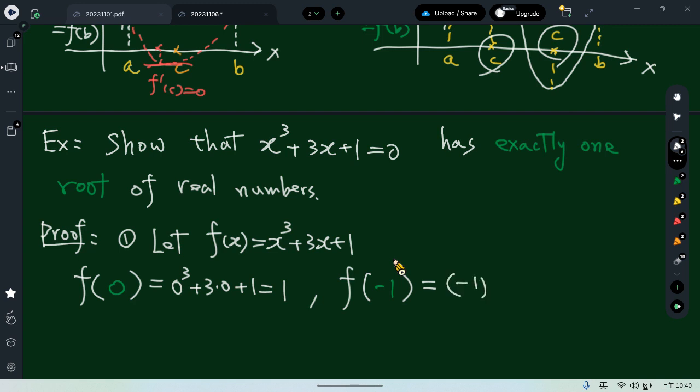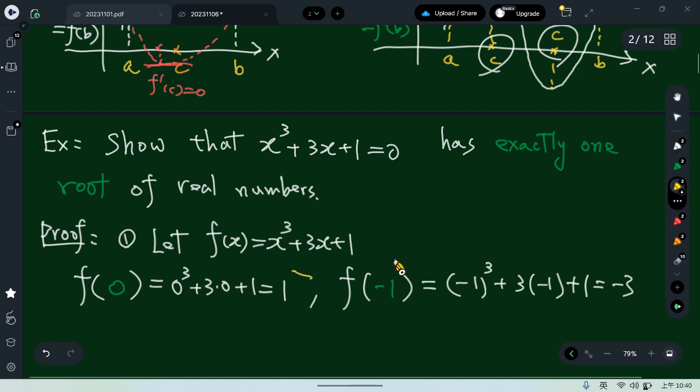Minus 1 cubed plus 3 times minus 1 plus 1. So the answer is minus 3. Negative 3. So you can see here is positive, here is negative. So we can find a root between 0 and minus 1, right?